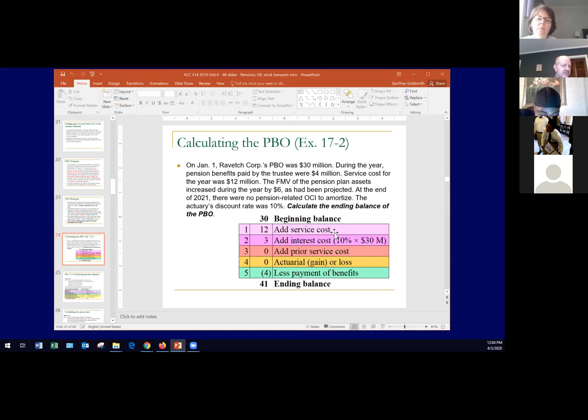Discount rate is 10%, so 10% times the beginning balance is 3 million, and that would be added to the liability. Present values grow if liabilities are not paid for. There is no prior service costs, so we don't add that. No actuarial gain or loss.